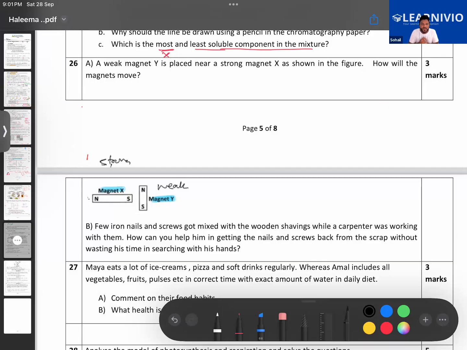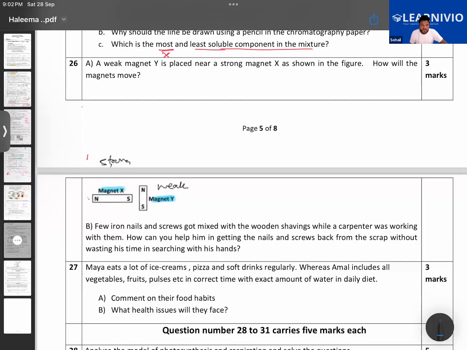As we know, if opposite poles are placed against each other, like for example the north of magnet X and the south of magnet Y, facing each other, the two magnets will be attracting each other, of course.